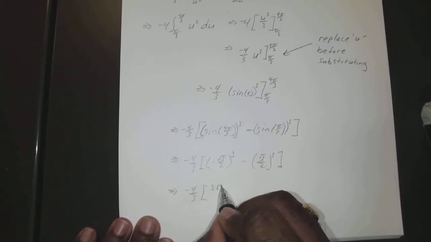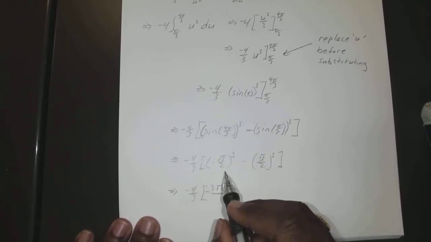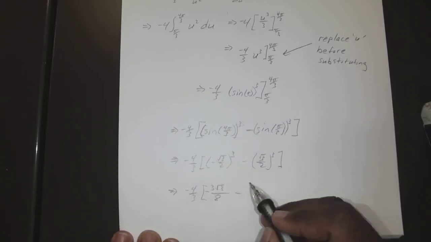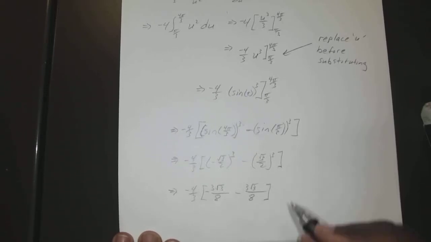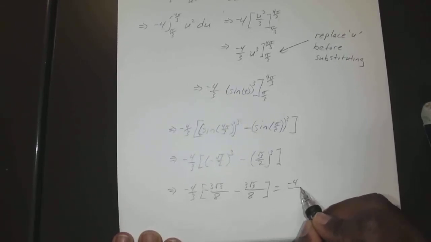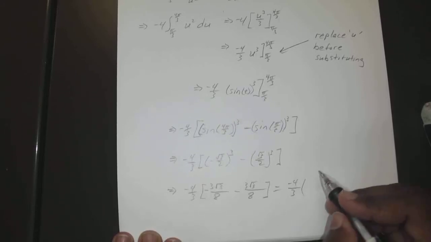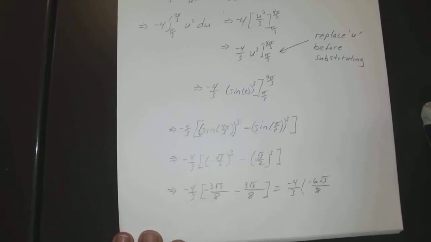So it would be 3 square root of 3, actually -3 square root of 3 over 2 cubed is 8, minus 3 square root of 3 over 8, which would give us, that'd be plus negative, so -4 over 3 times -6 square root of 3 over 8.